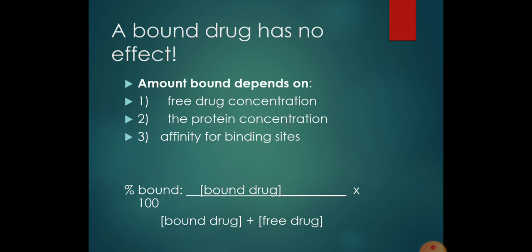The amount bound basically depends on free drug concentration, the protein concentration, and affinity for binding sites. So that will give you another clinical picture. Just think, albumin is for the acidic drug. There are two acidic drugs, one is aspirin, another one is warfarin, and both of them have affinity for the same site on albumin, that is called the warfarin site.